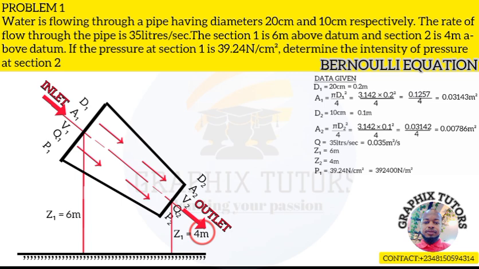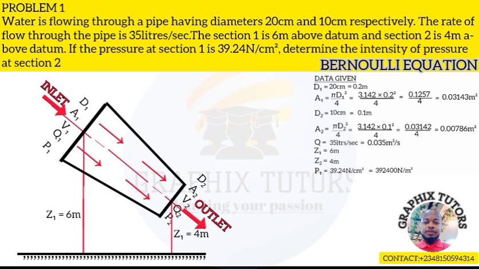Are we together now? At section 1 the pipe is wider, that is why it's 20 centimeter, which is equivalent to 0.2 meter. At section 2 the diameter is smaller, which is 10 centimeter, equivalent to 0.1 meter. Is that okay now?